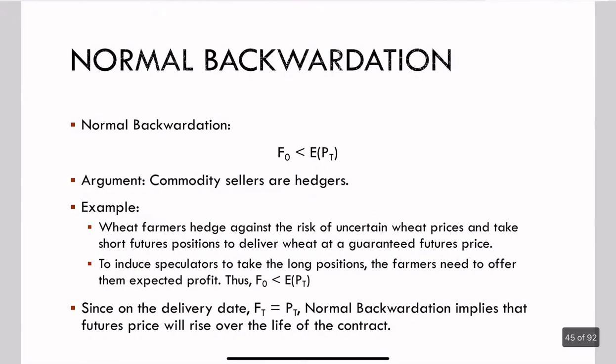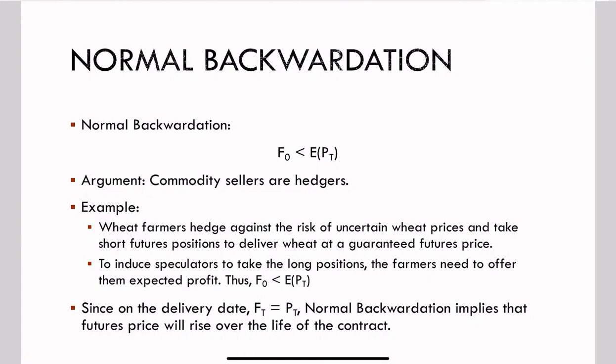Okay, the second hypothesis is normal backwardation. Normal backwardation basically says the futures price should be smaller compared with the expected spot price on the delivery date. So why do we have this result?